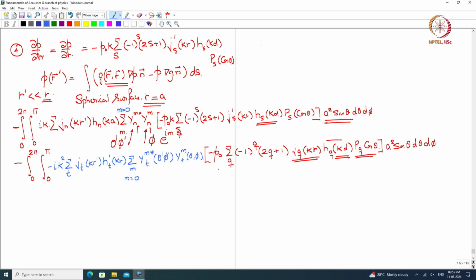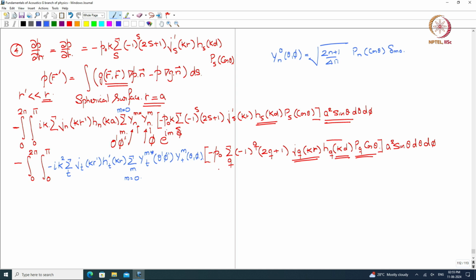Let me write it. Y0n of theta comma phi is square root of 2n plus 1 by 4 pi Pn cos theta delta m0.